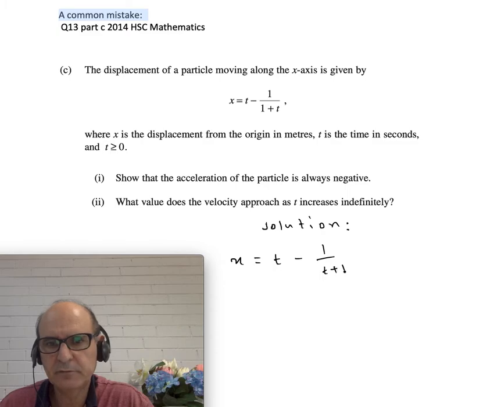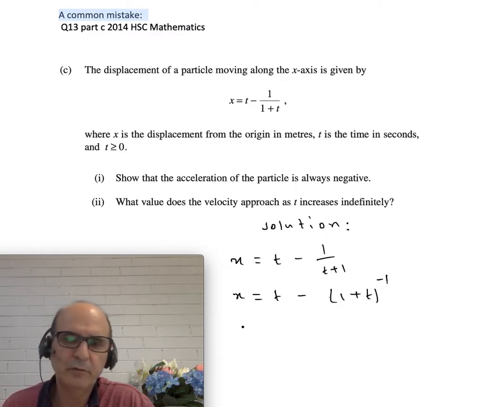First thing I do, I write this in the form of a power. So x becomes (t minus 1) times (t plus 1) to the power of minus 1. All I did, I got rid of the fraction and wrote it in the form of a power.